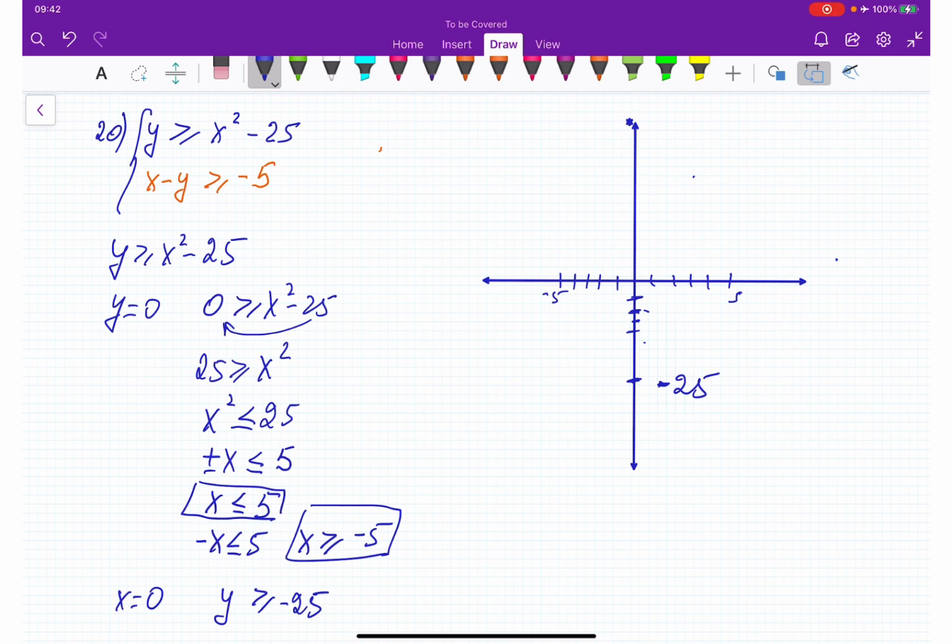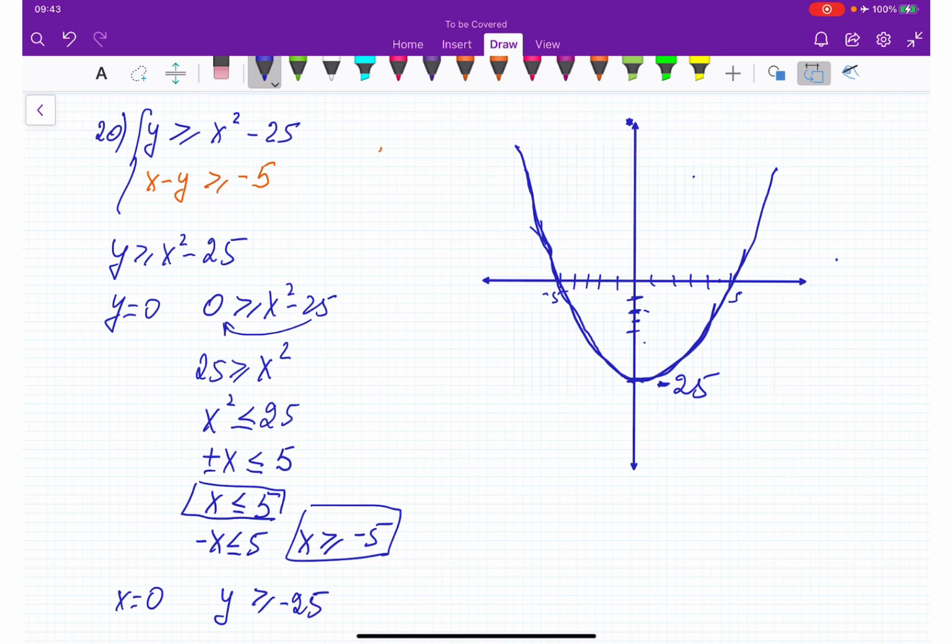So the graph is gonna come approximately. Okay, use your imagination. It has to be symmetric, obviously. Yes? Because we have negative 5, positive 5, and because quadratic equation is symmetric. Okay, this is first graph.